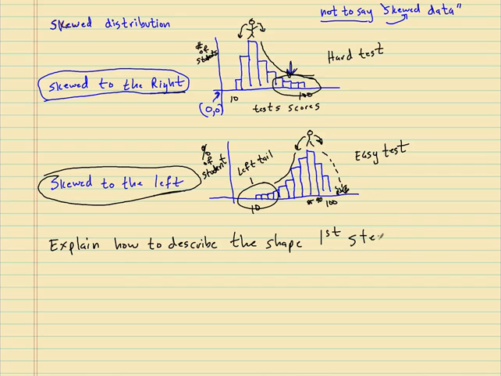So what you'd want to say is the distribution of whatever this would be, test scores for the who. Here are the test scores for who? The students. Is whatever my shapes are.